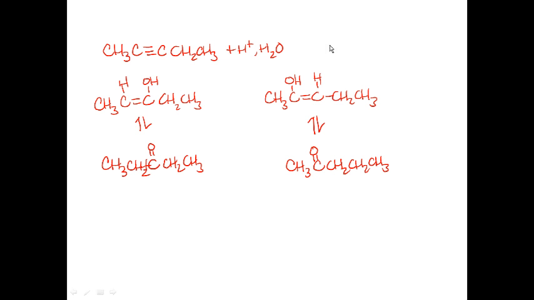And so these are different because here the ketone, the carbonyl is on carbon 2, and over here it's in the middle on carbon 3. Okay, so if you ended up reacting an unsymmetrical alkyne with hydration, you would get a mixture of ketones.